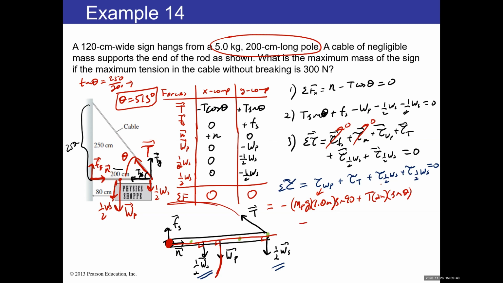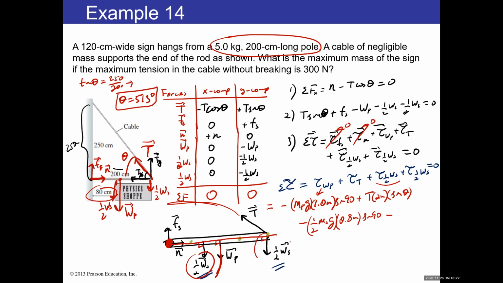Then minus, let's go to the first half of the weight of the sign. It's minus because it gives me clockwise rotation. So minus 1/2 mass of the sign times g, which is its magnitude, then the distance, which is given as 80 centimeters from the left end, so 0.8 meters, then sine of 90.